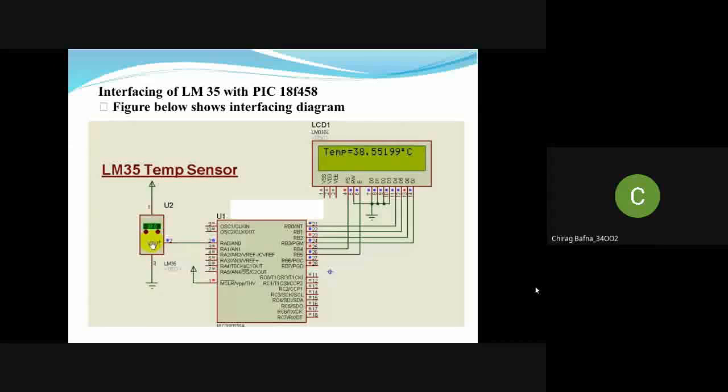This is the interfacing of the LM35 with the PIC18F458 microcontroller. The oscillator is there, and RB0 to RB7 are the 8-bit data bus to transfer the data towards the display.